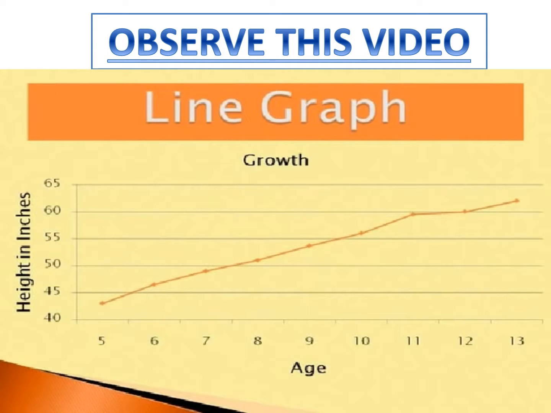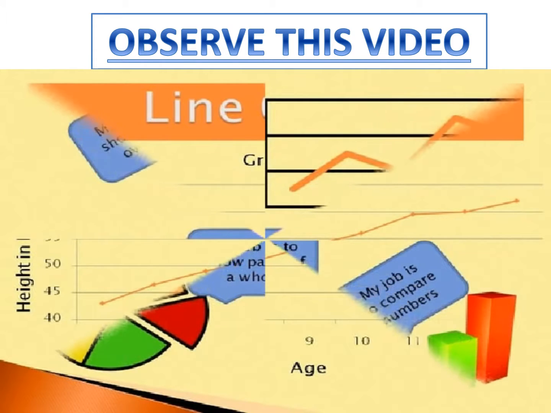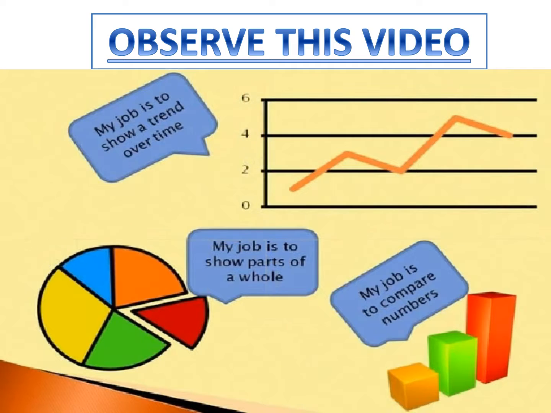Line graphs can be used to show how something changes over a certain amount of time. When I was 5, I was 40 inches tall. I kept growing until I was 13, when I reached 62 inches. You can see my growing trend through the line in the graph. Choosing the right graph is an important task.